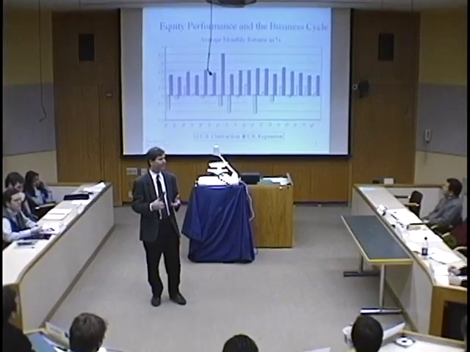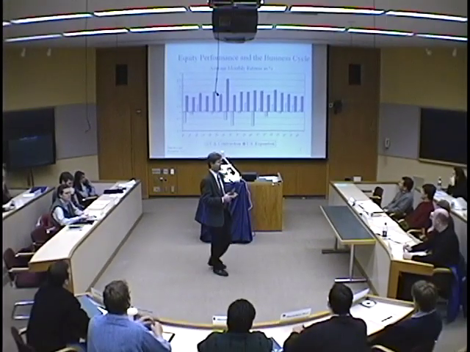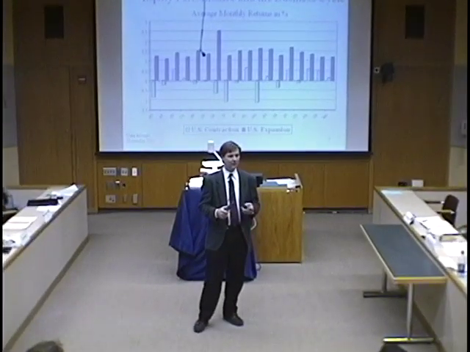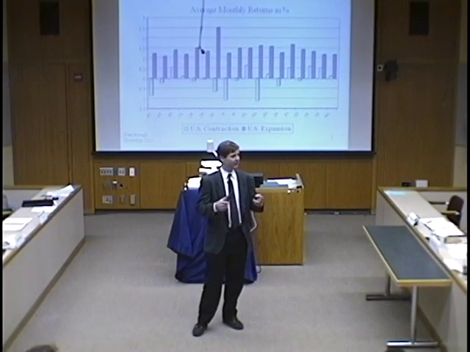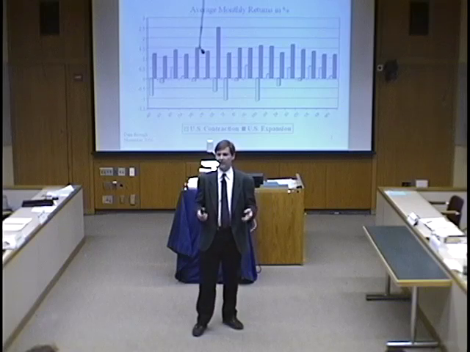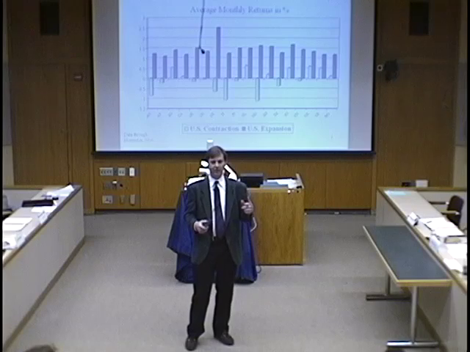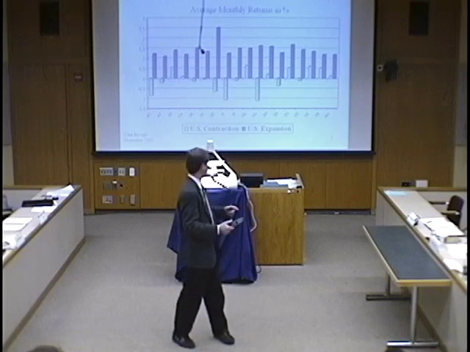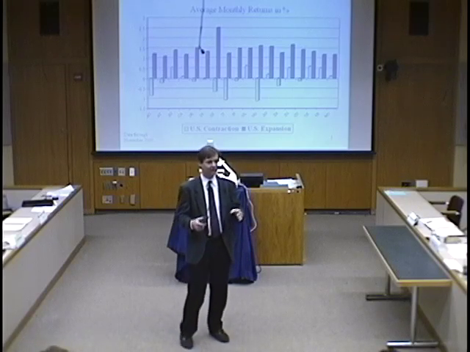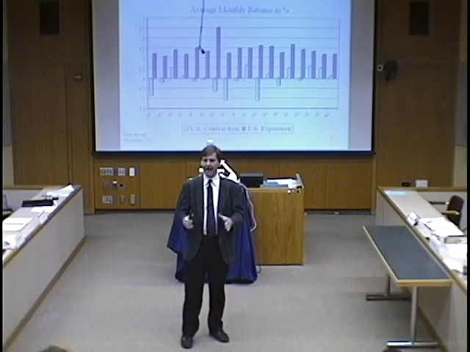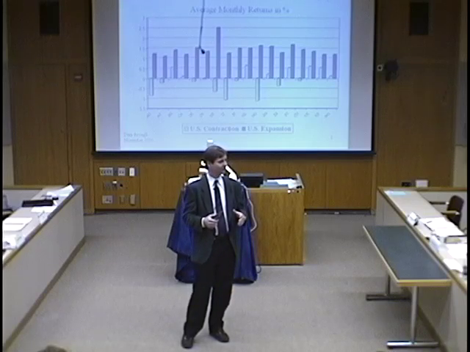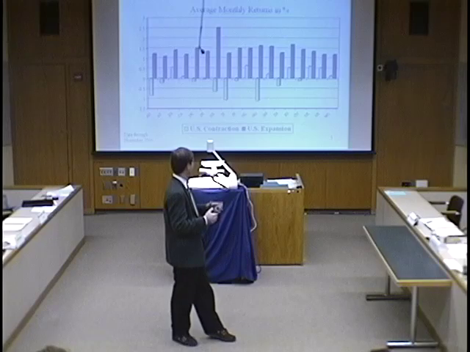I've done an incredibly simple exercise. I've sampled the returns during an official US recession, peak to trough, according to the National Bureau of Economic Research. I've taken all of those recessions from 1970, and all of those months, and took the average return in US dollars for all these different markets. That's in green.